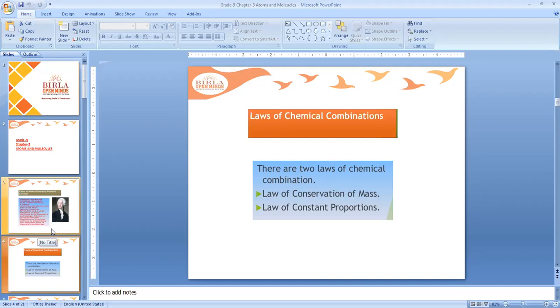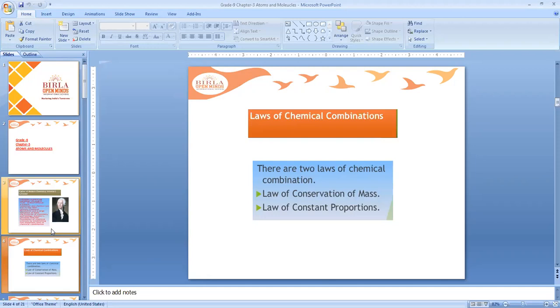And now talking about atoms and molecules, children. If we talk about the atom, we know that the atom is very minute, isn't it? Even though it is very small, the atom contains electrons, protons, and neutrons.